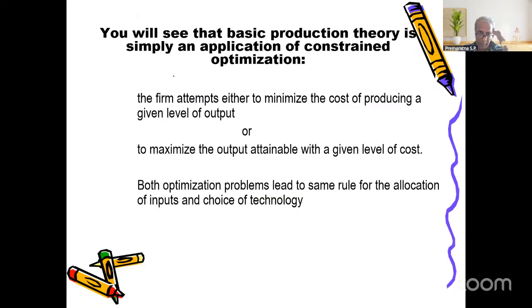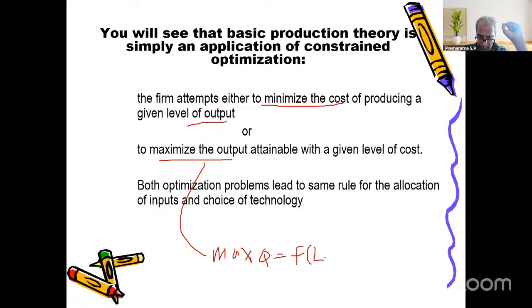In terms of producers, they try to reach economic efficiency either by minimizing cost given a level of output, or by trying to maximize output subject to a constraint, the level of cost, the amount of cost. That way, or minimize cost.